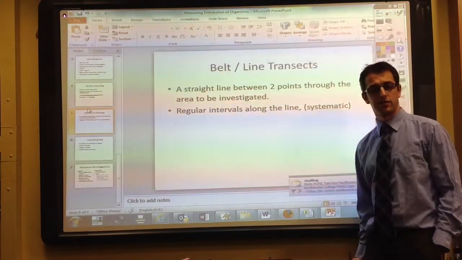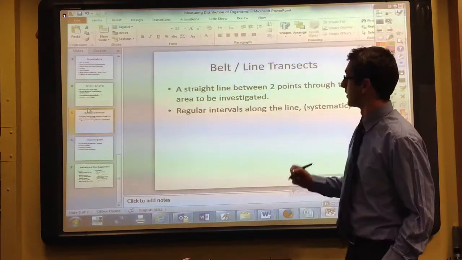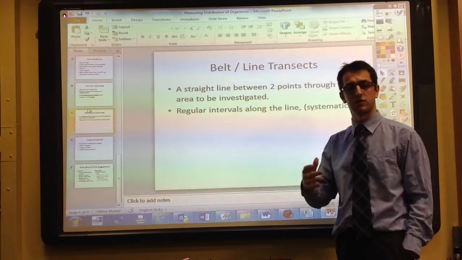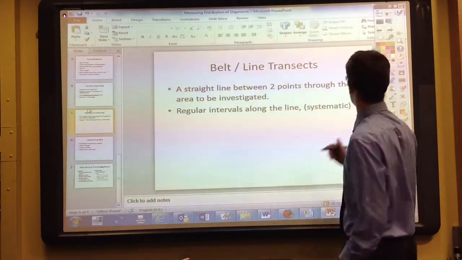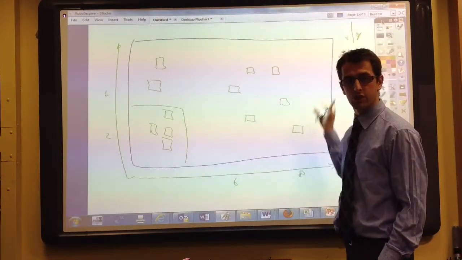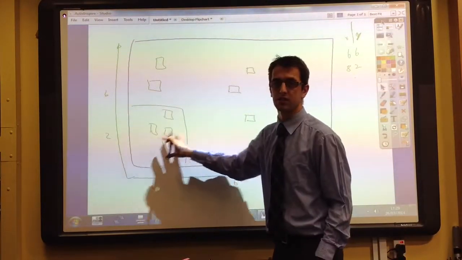The next technique might be to look at taking a belt or line transect. This is so as to give you a much better idea of how the distribution of an organism changes as it moves through a particular habitat. So to go back to our area, having got a general idea, we want to see, well, why does one population cluster here and not there?